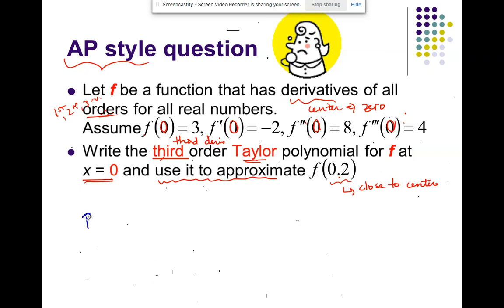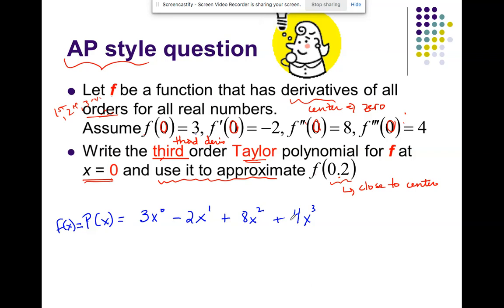Because the polynomial for a function I don't know is exactly equal to the function evaluated at the center, x to the 0, minus the first derivative at the center, x to the first, plus the second derivative at 0, x squared, plus the third derivative evaluated at 0, x cubed.